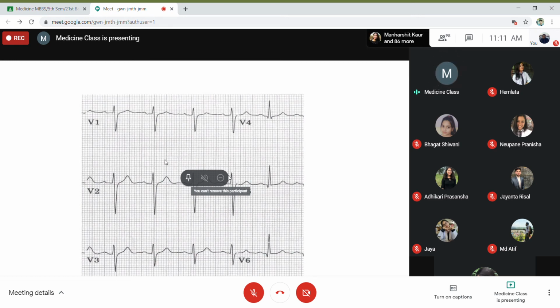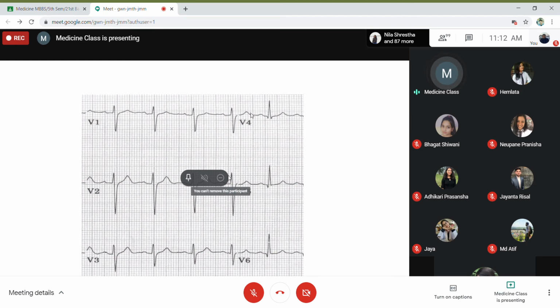We call it the transition zone when the R wave and S wave are more or less equal. It may not be exactly equal, but more or less equal. In this one, V3 is more or less equal, so V3 is the transition zone.